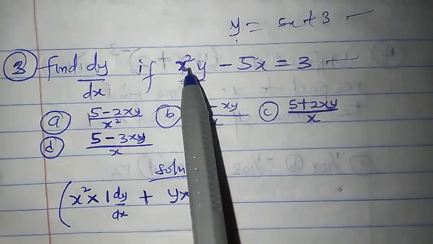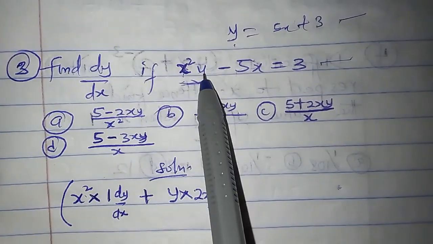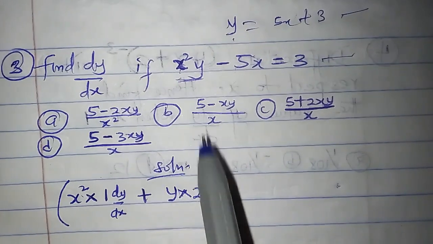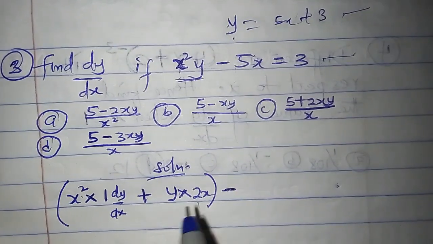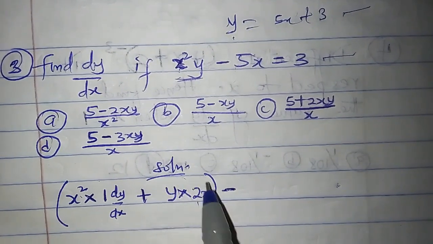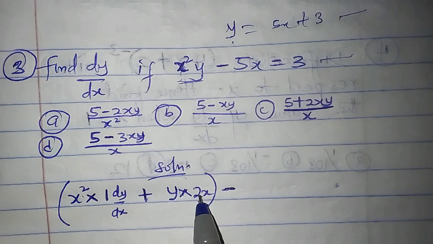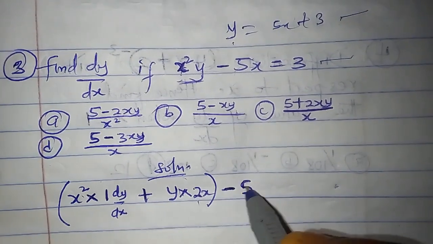It's simple. Write the first function, differentiate the second one. Plus, write the second one times differentiate the first one. Minus. In this case now, here, I didn't add dy dx because I didn't differentiate y. I only differentiated x. Good. So it's only when we differentiate y we add dy dx. Now, if I differentiate 5x with respect to x, I'm going to get 5.